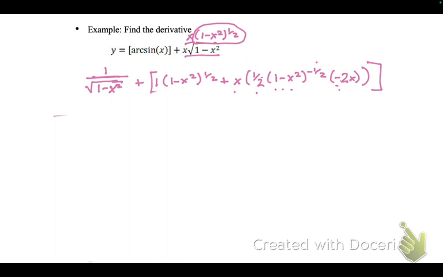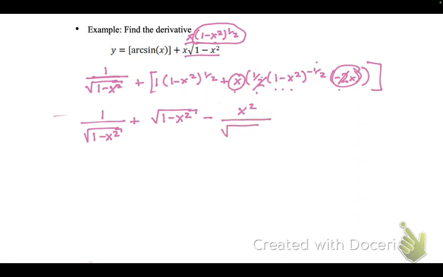Right there, this reduces with this, yes? So I have 1 over the square root of 1 minus x squared plus the square root of 1 minus x squared minus, we forgot this x. Because we have this x and this negative x, so it would be negative x squared over the square root of 1 minus x squared.